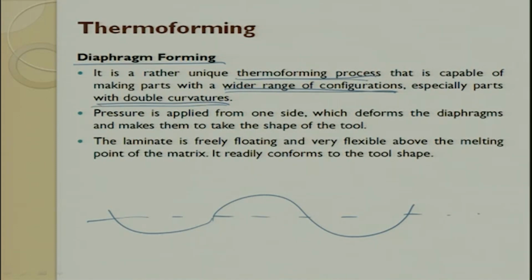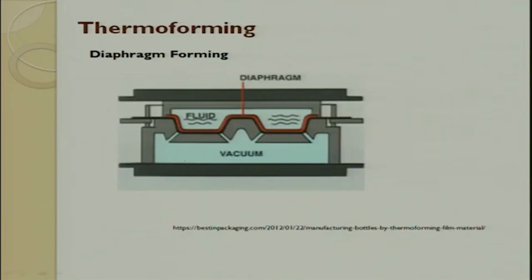Here the pressure is applied from one side, which deforms a diaphragm and makes it take the shape of the tool. Here the laminate is freely floating and very flexible above the melting point of the matrix, and tries to conform to the tool. So, look at it.